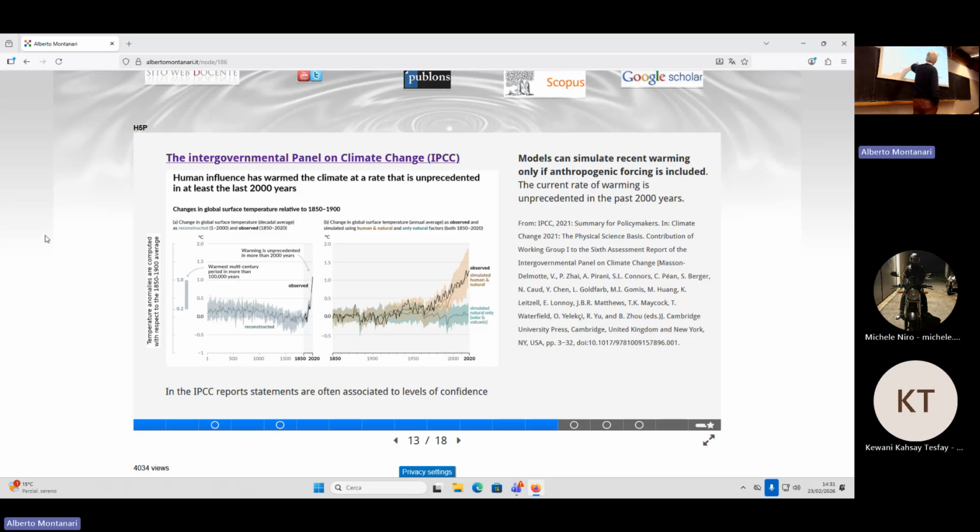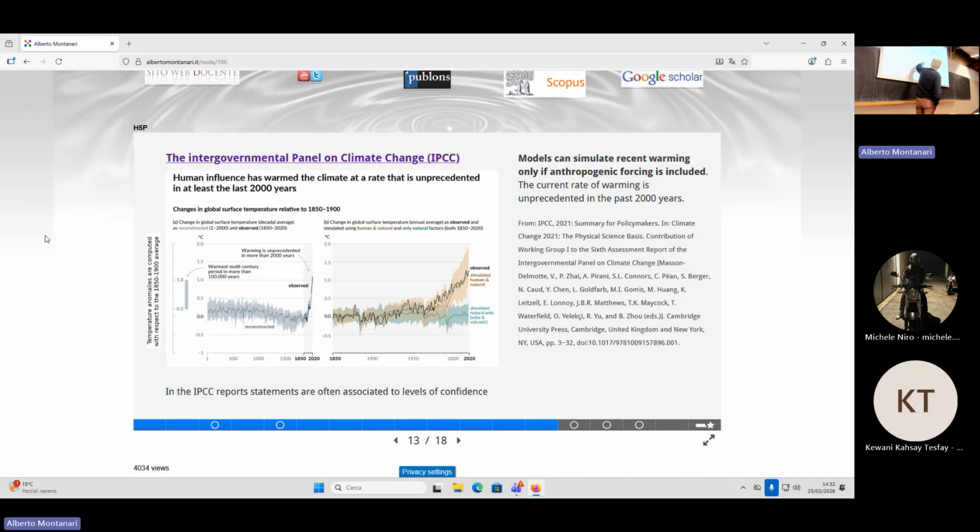And this is a prediction, not a real prediction, sorry, a simulation by models. This is observations plus reconstructions. And this is a reconstruction by model with two options.